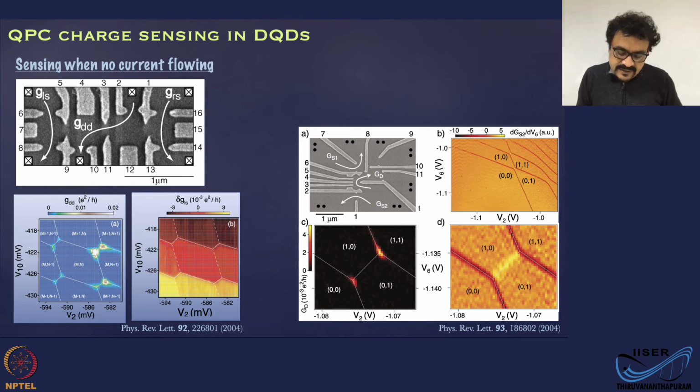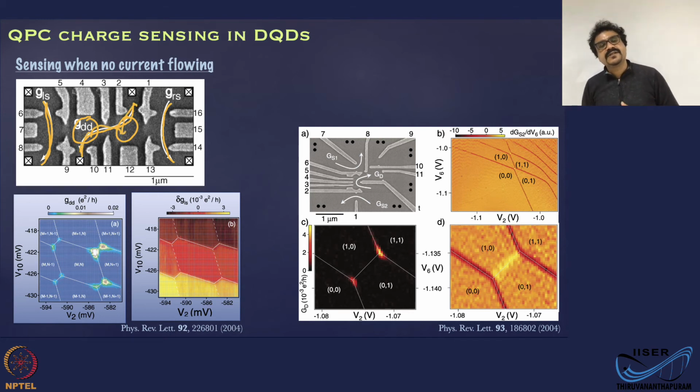Here, this is one example where you are using a quantum point contact, which is one of these channels. There are two quantum point contacts in this geometry in this device, and there are two quantum dots. Okay, one quantum dot here, one quantum dot here, and the current through the quantum dot goes in this direction. The dot 1, dot 2, and then drain.